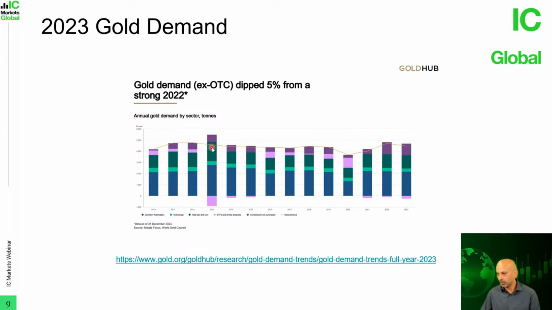The highest level was back in 2013, and then 2022 marked the highest level since 2013, so 9 years ago. Oh well, now 10 years ago. And then in 2023, gold demand has dipped a little bit, about 5%.